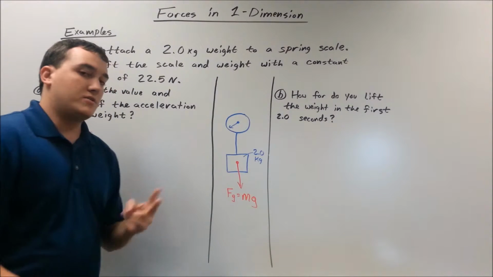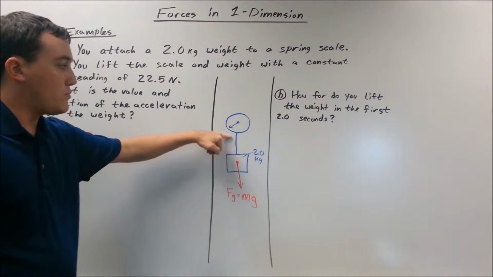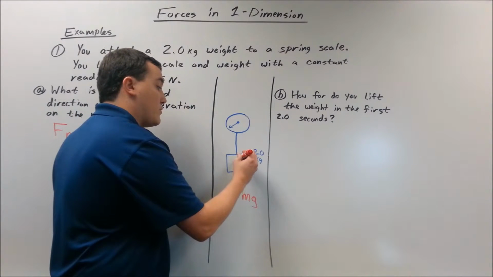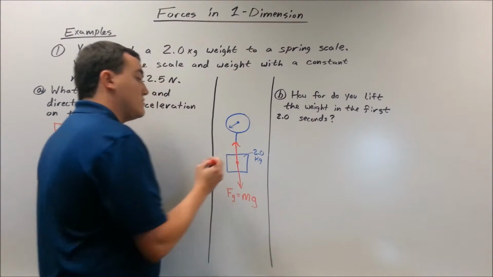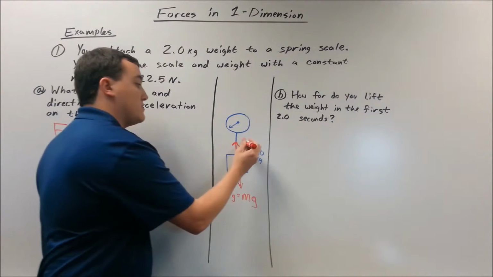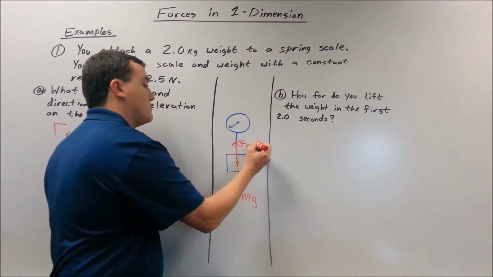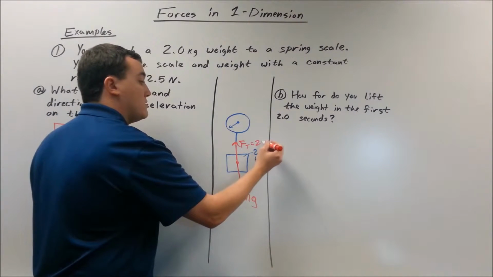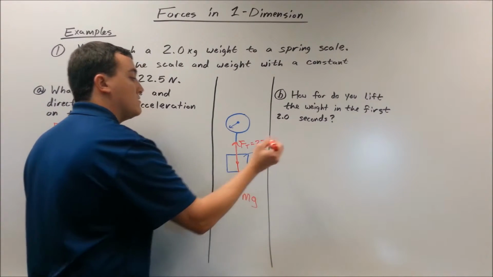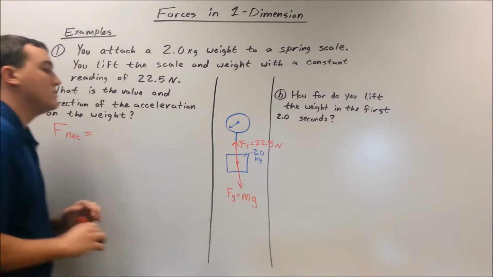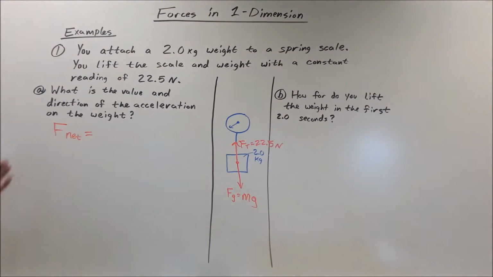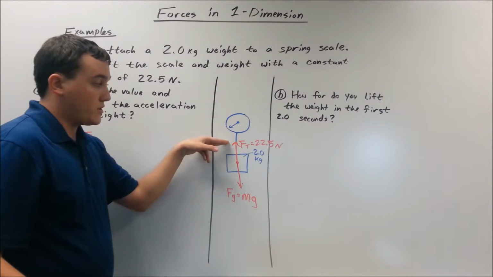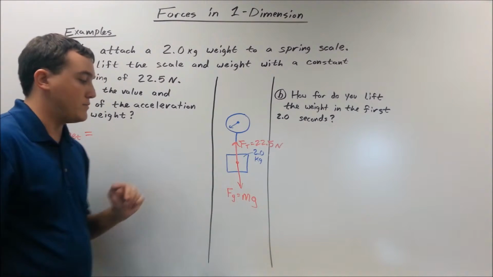And then our second force is coming from the tension of this rope right here that's attached to the scale. And it did already tell us exactly what that was. So this is the force of tension, which is 22.5 newtons. So our net force acting on this thing is positive 22.5 minus this mg here.